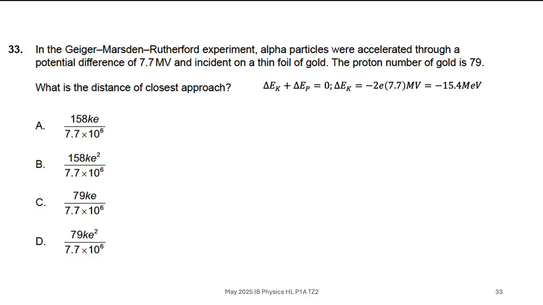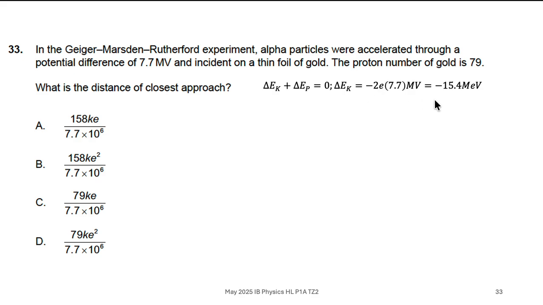At the end, it's fairly simple because at the distance of closest approach, we have 0 kinetic energy. At the beginning, we had the energy which was due to the work done by the potential difference or the electric field. So we're using here minus 2 times e times the number of volts, which is 7.7 MV.